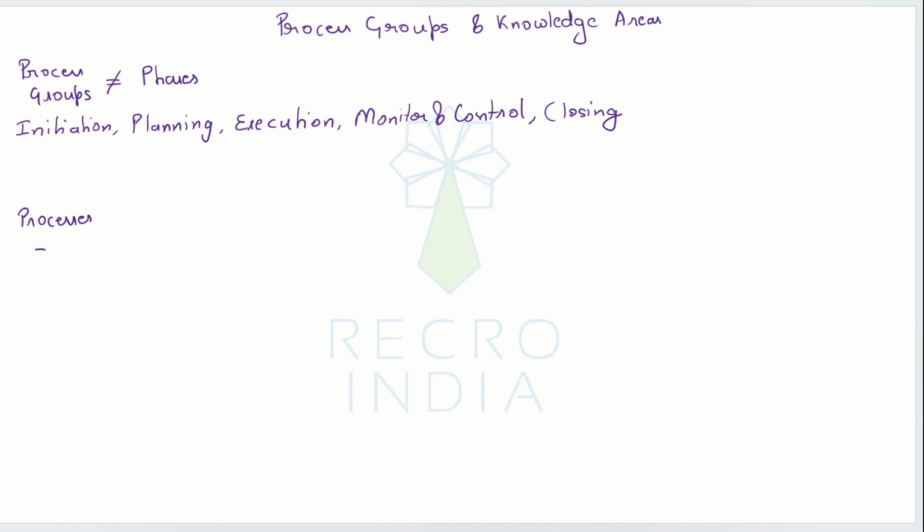Say, for example, there is a process called develop project charter. Then there is a process called identify stakeholders. I'm just taking some random examples here.